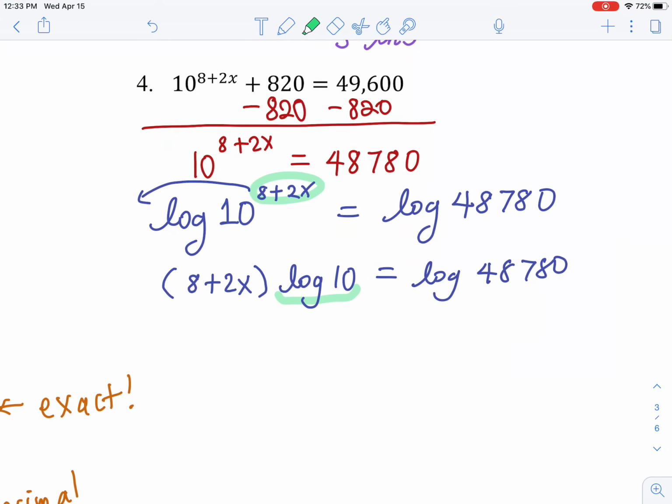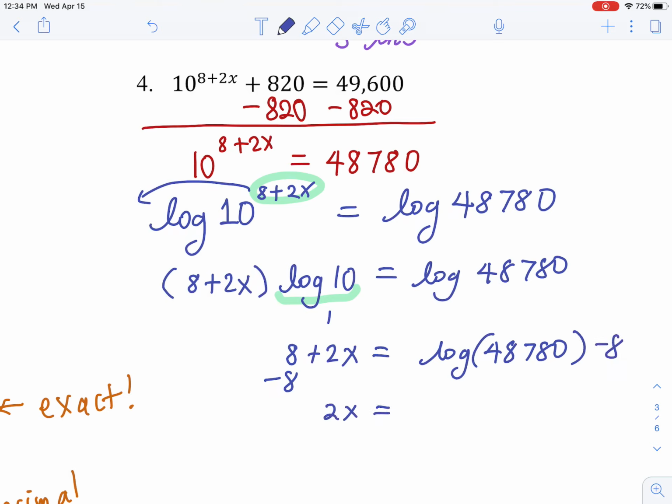This was one of the properties we talked about: log 10 is nothing more than 1. Just like natural log of e is 1, log 10 is 1. So I get 8 plus 2x equals log 48,780. Then let's subtract 8 from both sides.